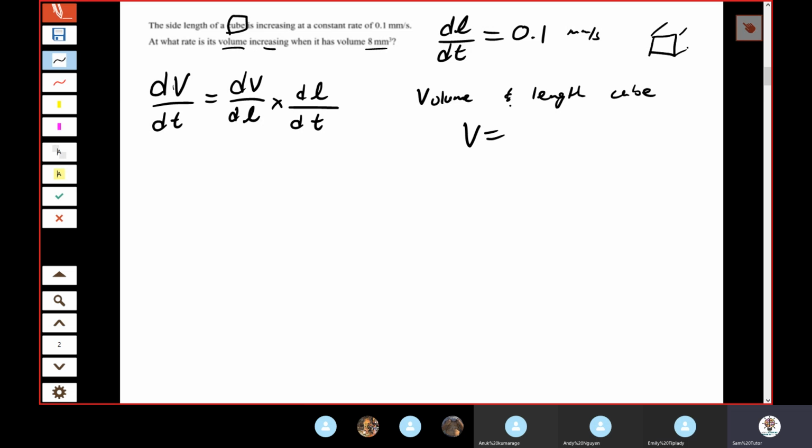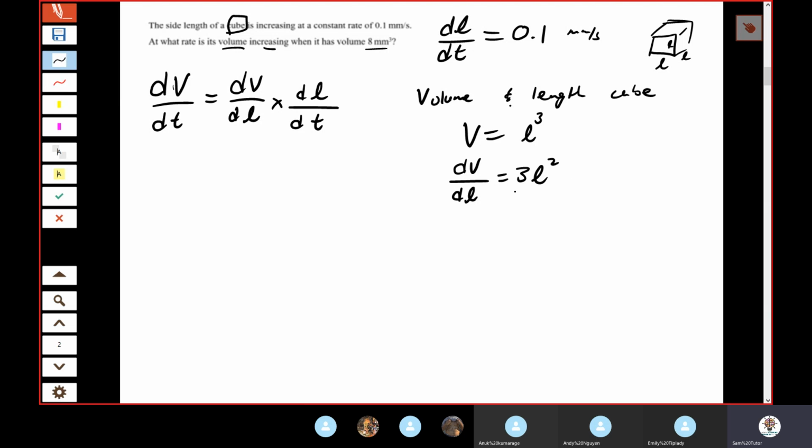Isn't the volume of a cube just L times L times L? So it's L cubed. So V equals L cubed. There you go, that's your relationship. And then dV on dl, differentiate now with respect to L. That becomes 3L squared.